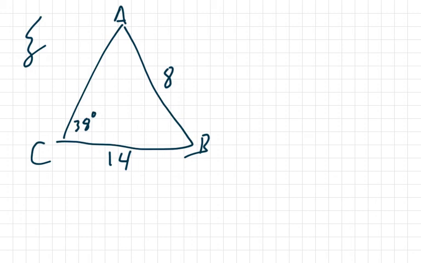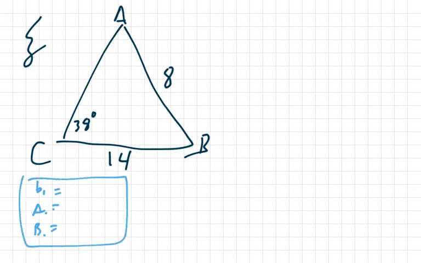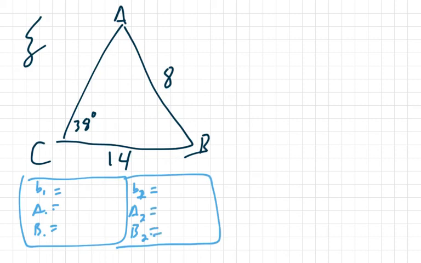So in this case, we've got a corresponding side and angle. We're looking for an angle A using law of sines. So that means we can say B1, angle A1, B1. Same thing for the second one, B2, A2, and B2, just in case there's more than one triangle. We already know how many there's going to be because I said.